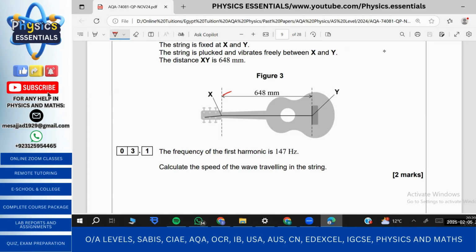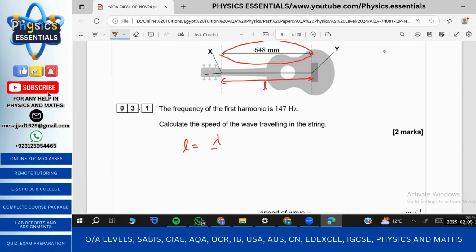So for first harmonic means this is what we have here, right? And the length from here to here is called L, which is 648. And for standing waves, we know that L is actually equal to half of the wavelength. So L is 0.648 meters. I'm just converting 648 millimeters into meters. From here, you're going to get the wavelength, let me calculate that, 1.296 meters.